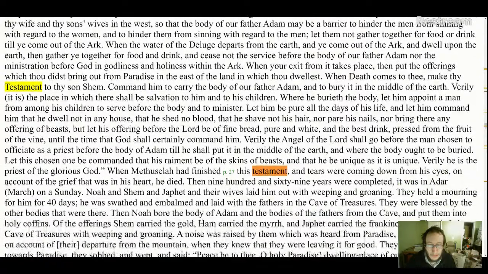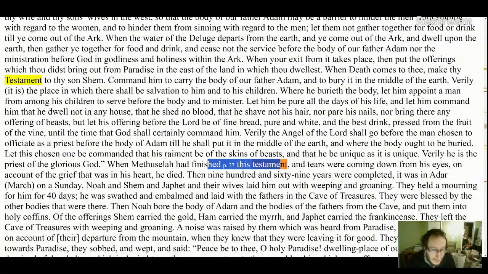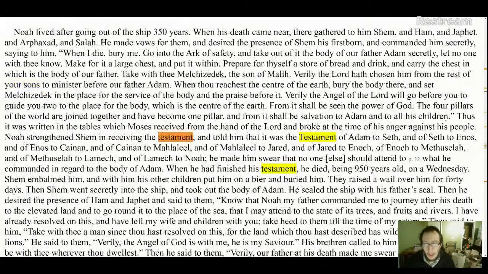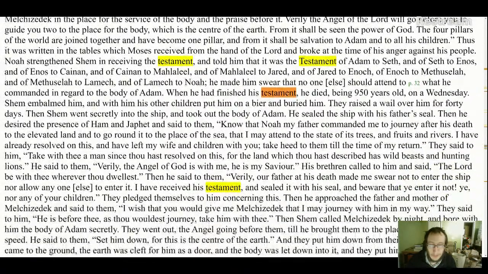Methuselah finished his testament. So each of the patriarchs are giving their testaments here. And it says, Noah gave a testament as well.